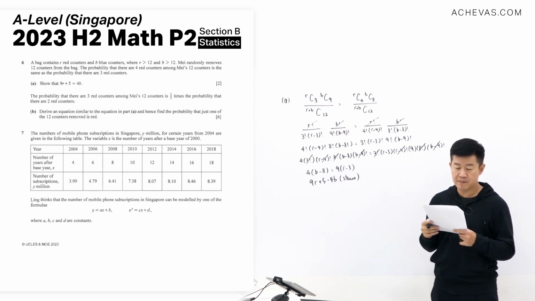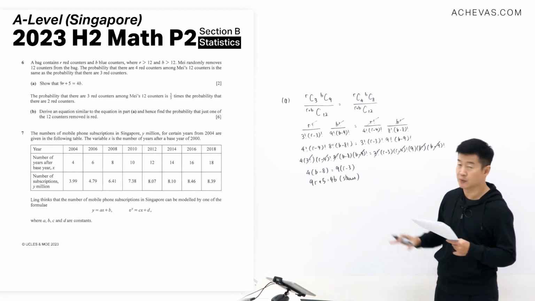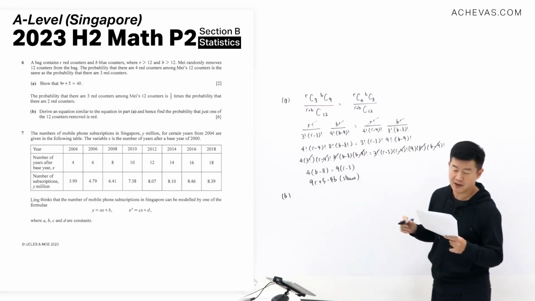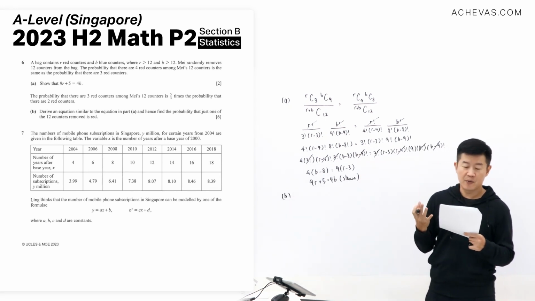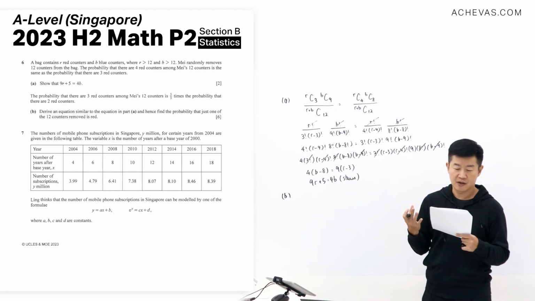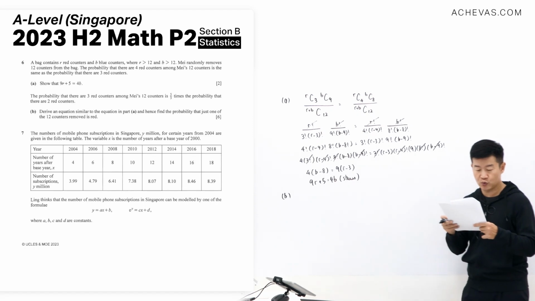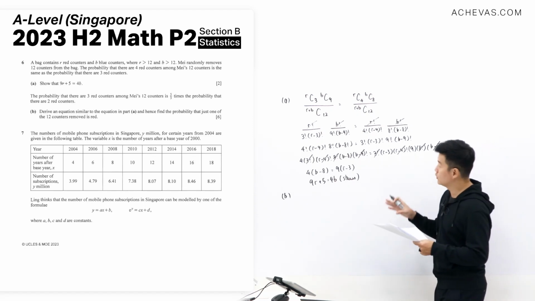In part B, we are going to try to derive an equation that is similar to A with a bit less instruction, but it is almost the same process, except that the information given to us is that the probability of May getting 3 red counters is 5/3 times the probability that she will be getting 2 red counters. So we'll do the same thing.